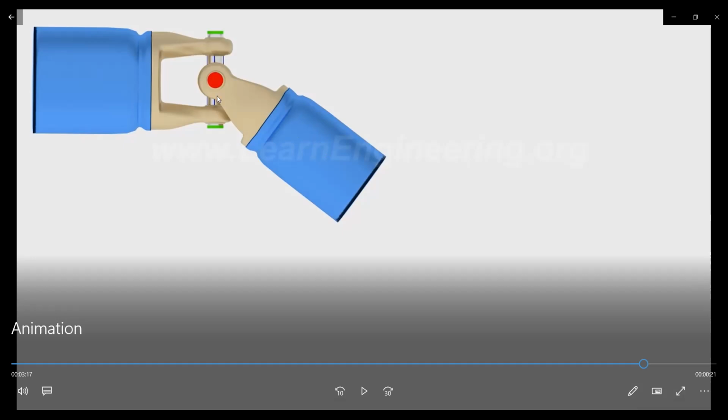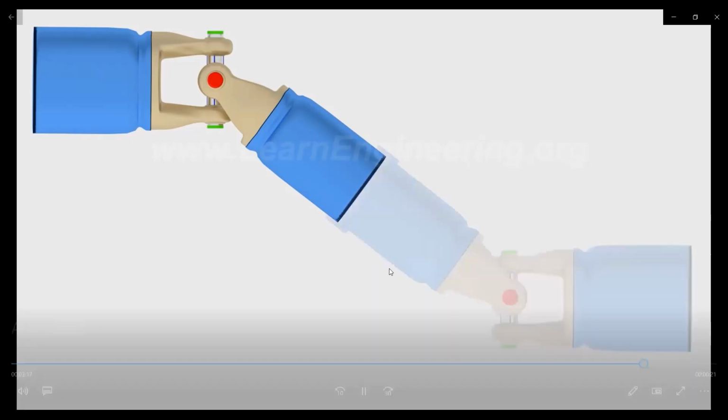In order to make use of that, we use one more joint. We use a double hook joint, and we introduce one intermediate shaft in between. That is shown here, one more joint as shown.